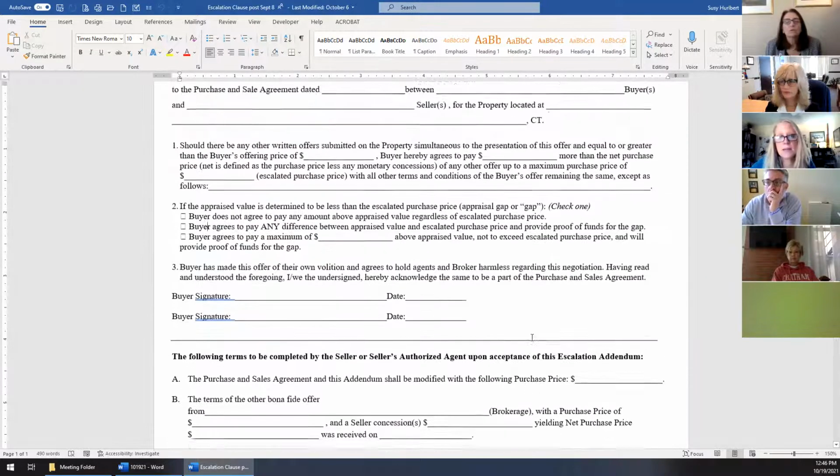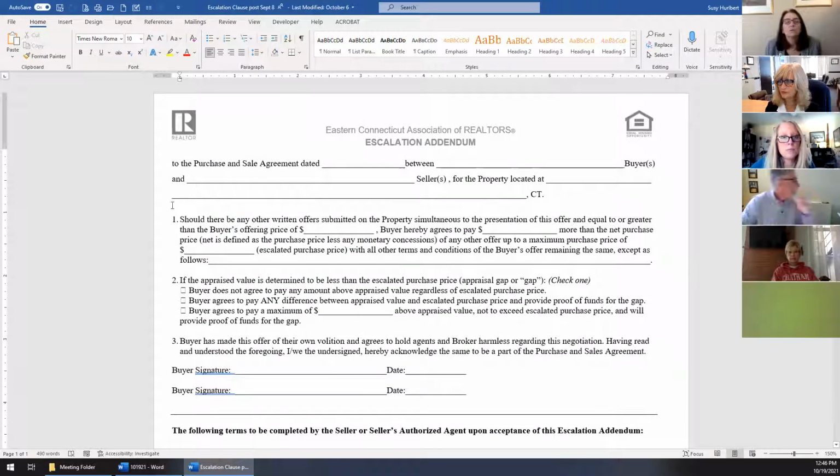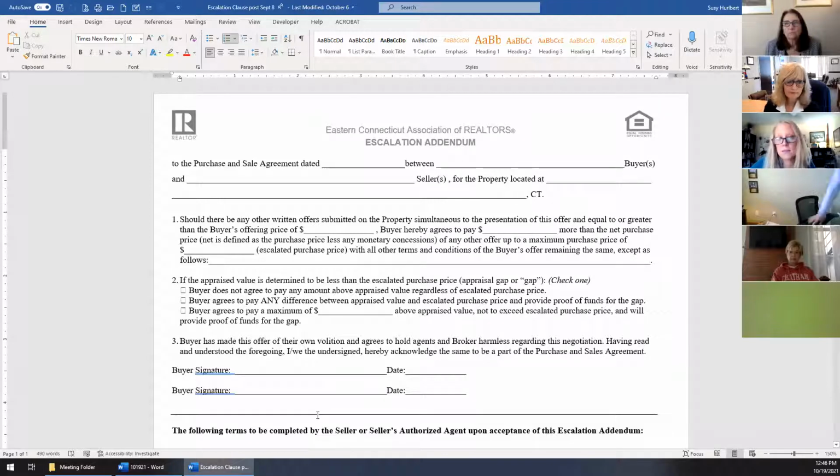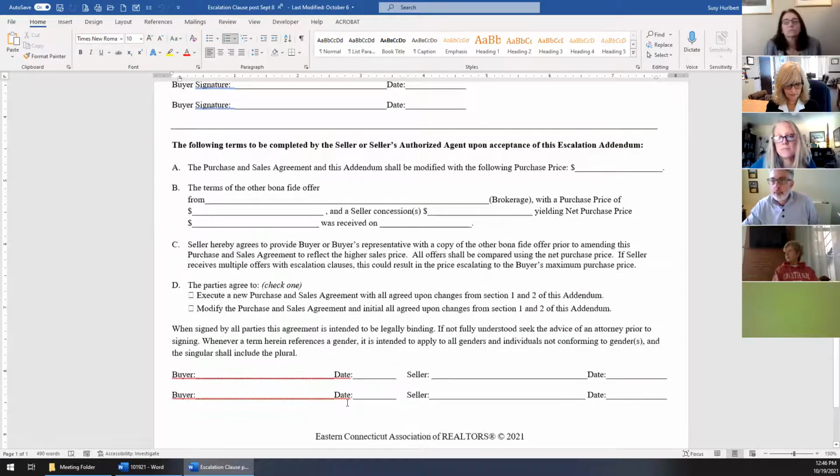They may end up having to pay what is up in section 1, the escalated purchase price, that maximum amount, because someone else may decide that they also want to escalate, or it doesn't even necessarily have to be an escalation, but if it is, then that can make them go all the way up to their maximum. So it's just giving them that information.